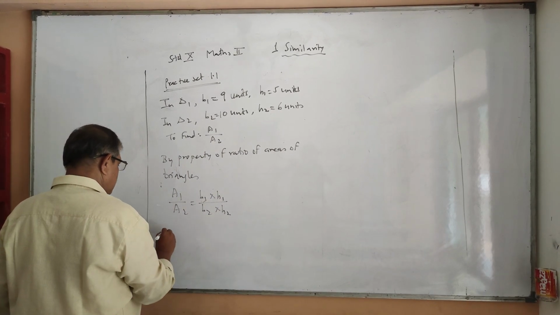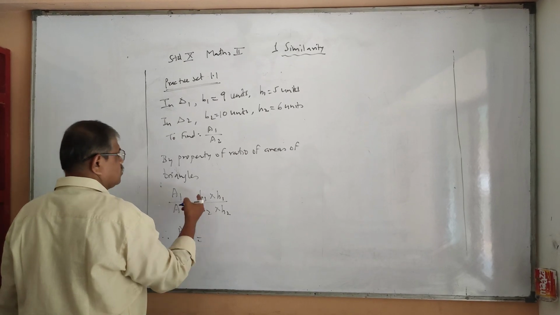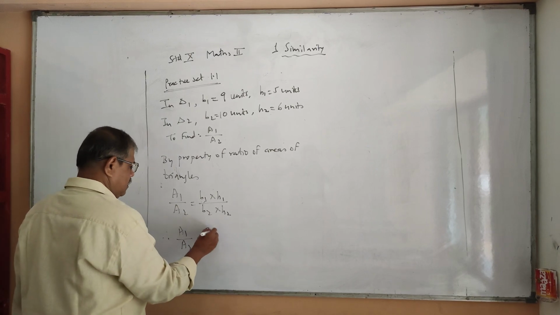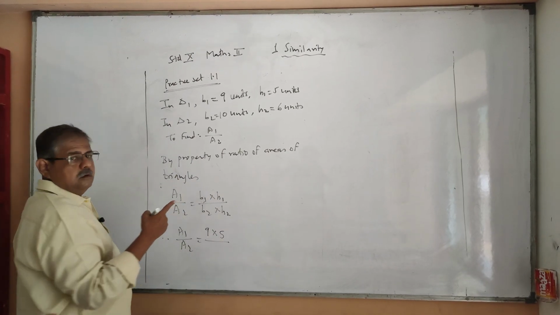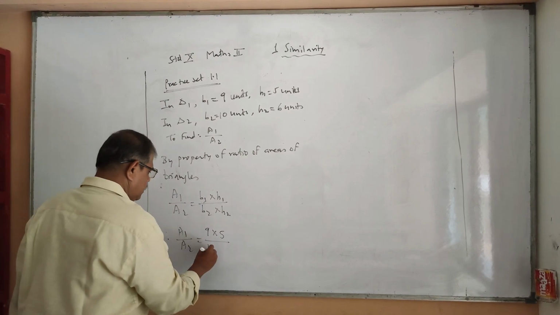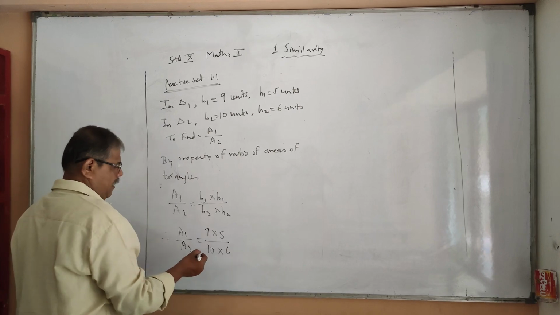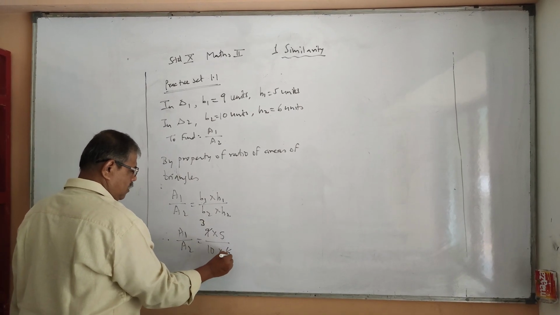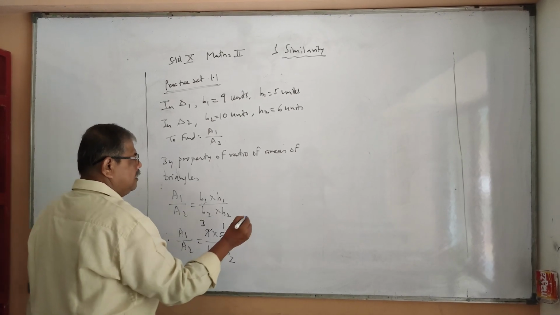So I wrote the property of ratio of areas of triangles, A1 upon A2 equal to B1 into H1 upon B2 into H2. Therefore, A1 upon A2 is equal to, what is the value of B1? Yes, good, 9. H1, very good, 5. B2, yes, good, 10 into 6. Now you have to simplify. 3 3s are 9, 3 2s are 6, 5 1s are 5, 5 2s are 10.